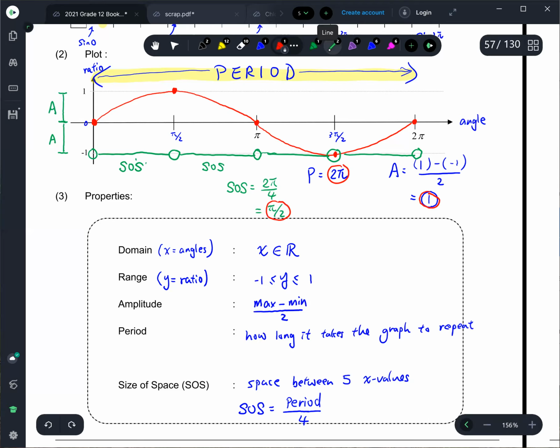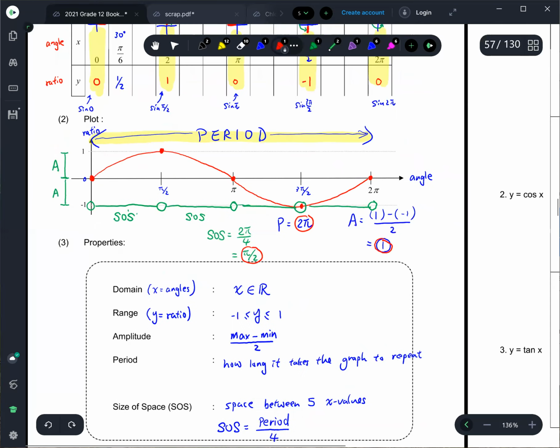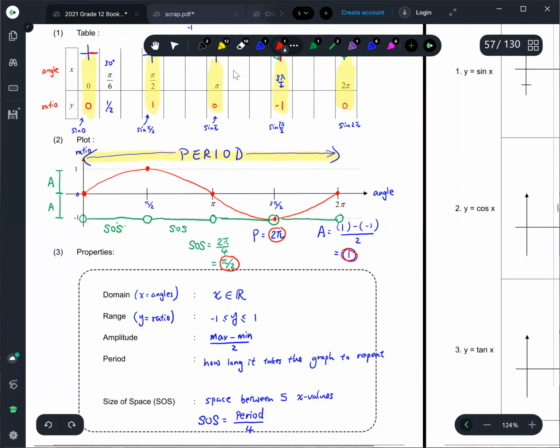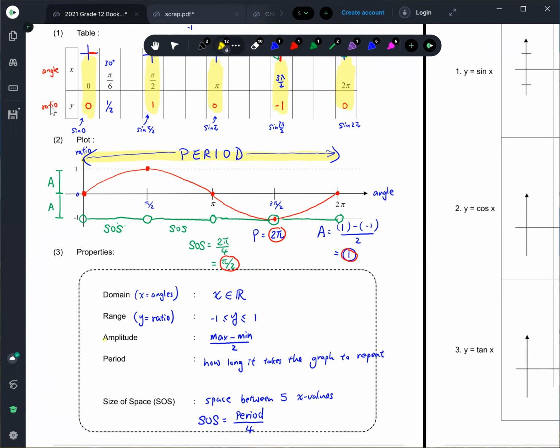Quite a lot of new stuff here. Okay, take your time, look back and forth at how we get the whole thing here. Let me know if you have any questions. If not, you can raise your hand. Okay, the new things are the amplitude, period, and size of space.